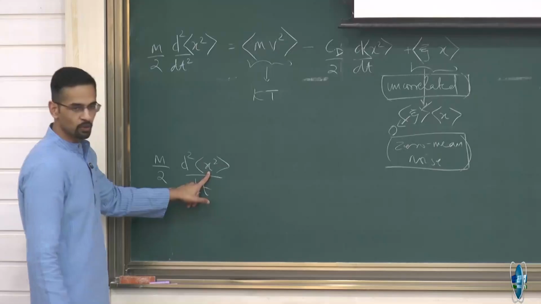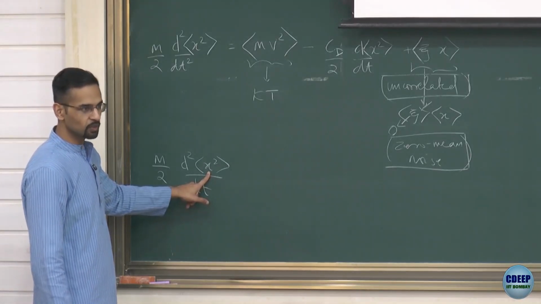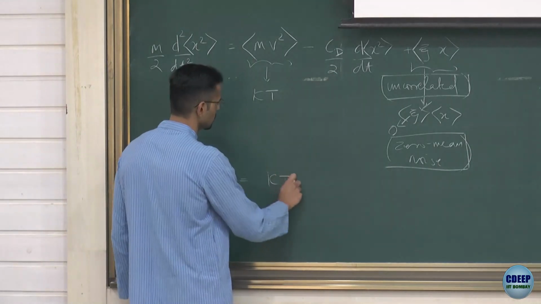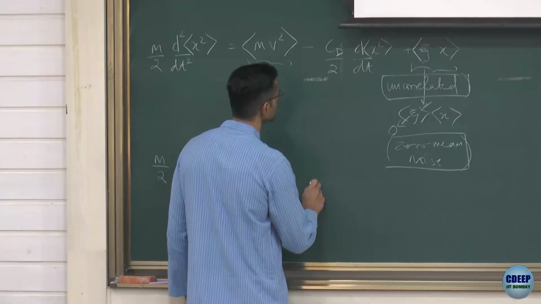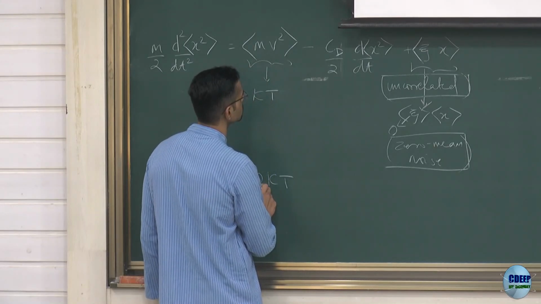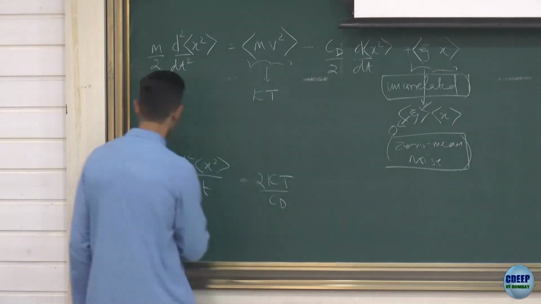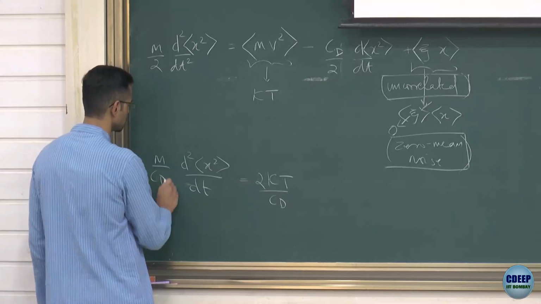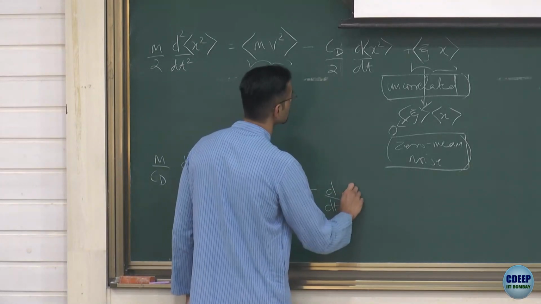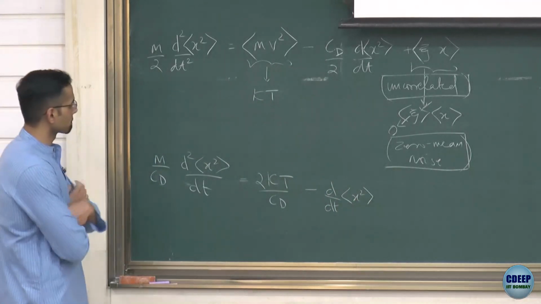Now this is a smooth quantity. This is the ensemble average. It's a nice function of time. It's no longer stochastic.